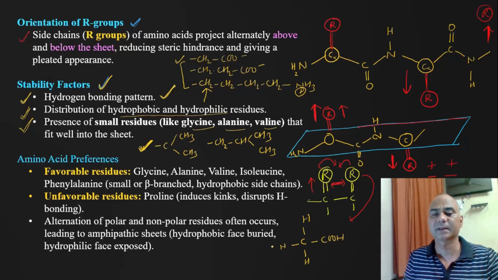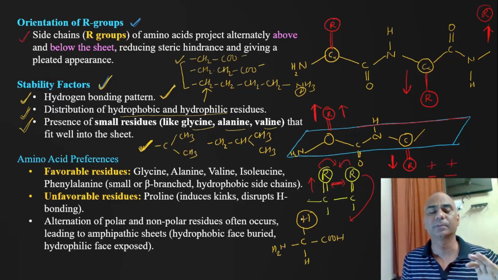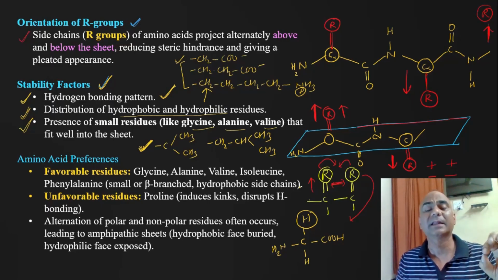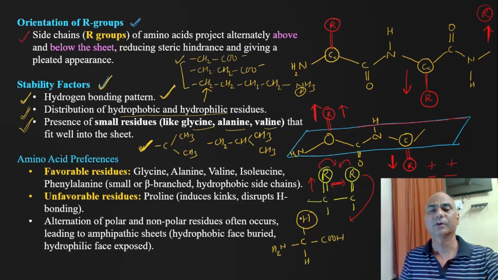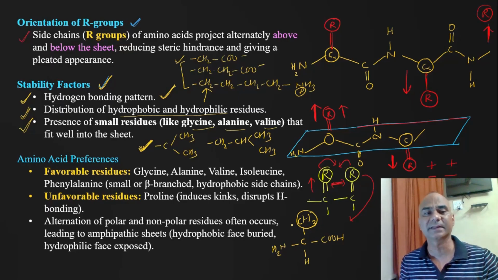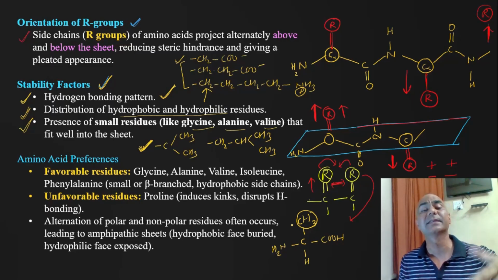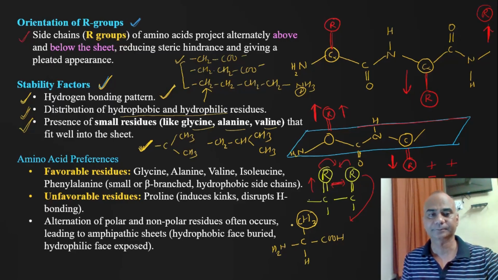This is the structure of glycine. It is the lightest amino acid, which has the least molecular weight. And another amino acid just heavier than glycine is alanine, where a methyl group, CH3, is present in place of the alkyl group. So small amino acids like glycine and alanine also make the beta pleated sheet stable.